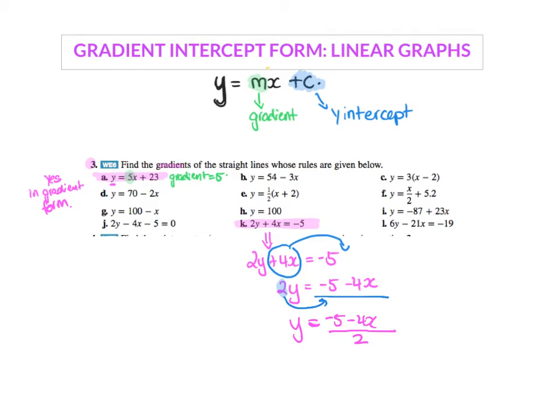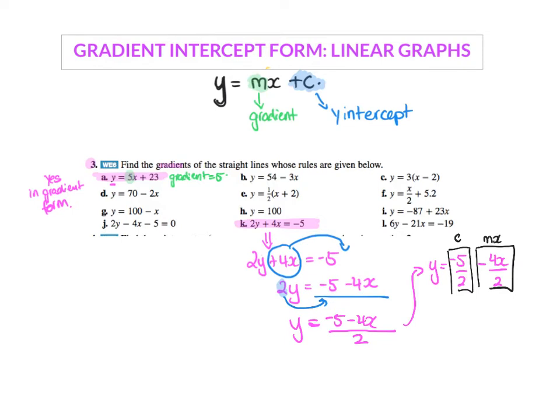Now, this could be written like, I can separate it if I wanted to. So I could write y equals negative 5 on 2 minus 4x on 2. Now, it doesn't matter which way the order goes, but this is actually the c value and this is the mx part.